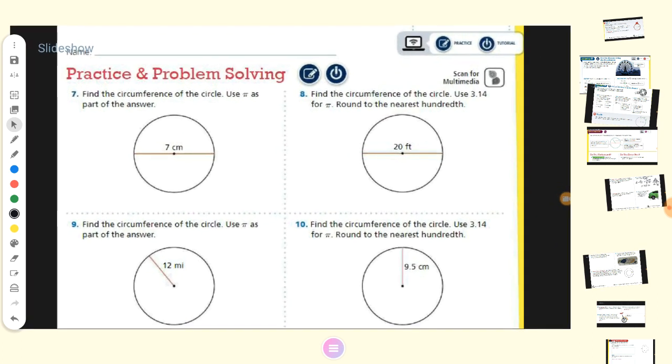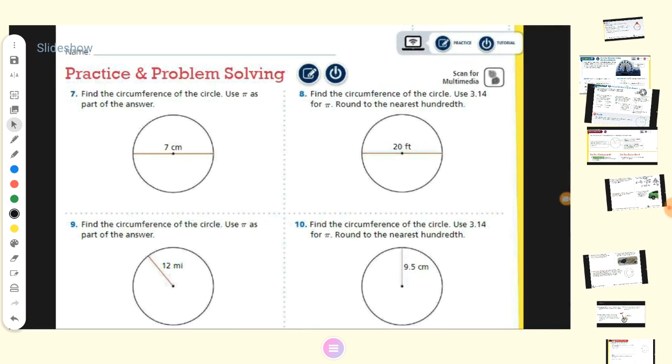The second form of question is this. Take care about this one, because pi is used as a part of the answer. So you don't have to put pi equal 3.14 or 22 over 7. Leave it as it is, pi. You will see now. You can solve it by finding the circumference.